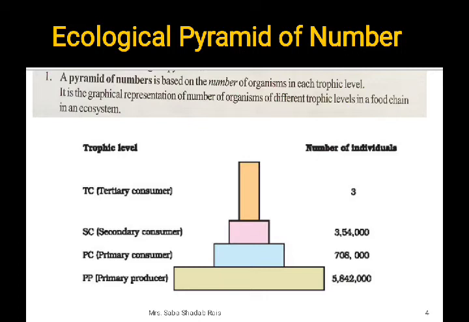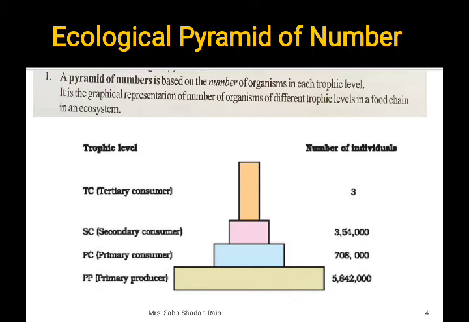So on each level of the food chain, how many organisms are present, this has been designed as per that. As you can see in the given chart, primary producer, then thereafter primary consumer, secondary consumer, and tertiary consumers have been mentioned. Interestingly, you will observe that the number of primary producers is extremely high. Is it or not?